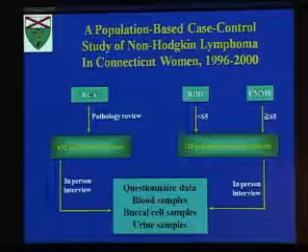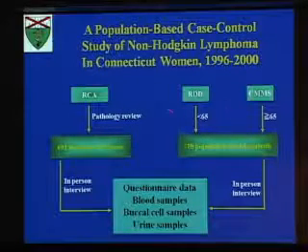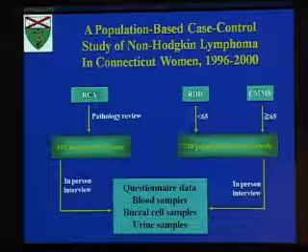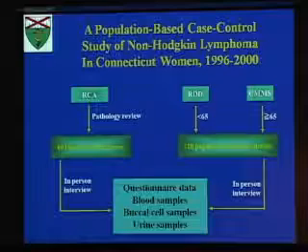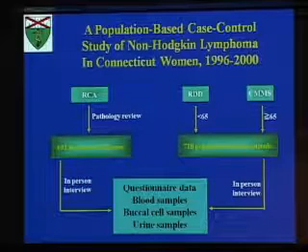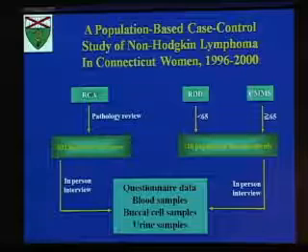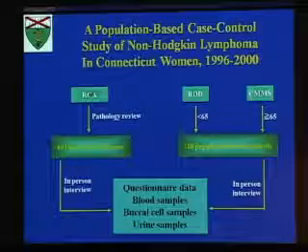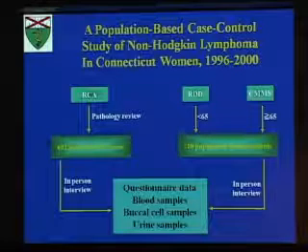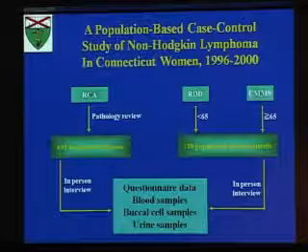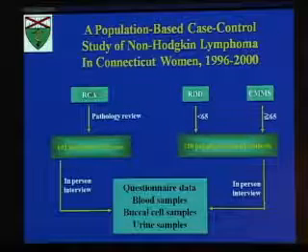We used two different methods to recruit those population controls. For people under 65 years old, we used random digit dialing, randomly dialing phone numbers and recruiting them as potential controls, matched within a 5-year age group. For older people, we used the HCFA database and randomly selected older people as controls.